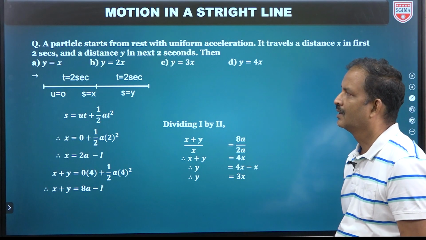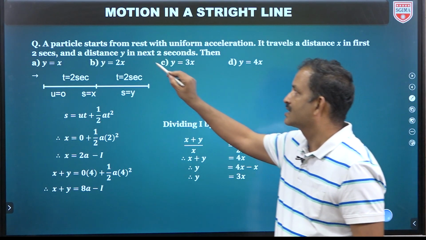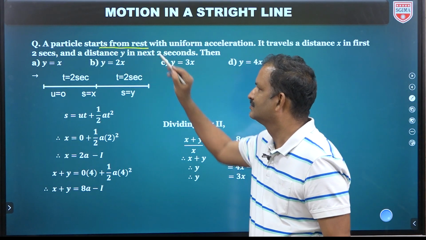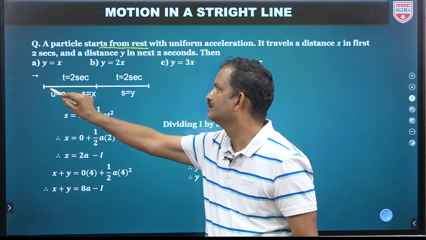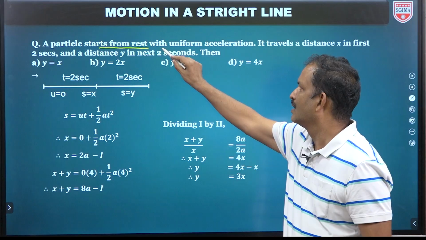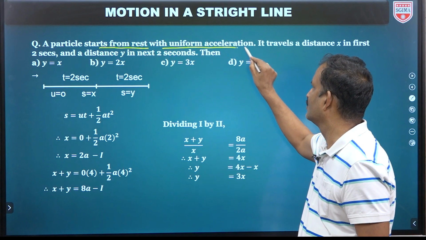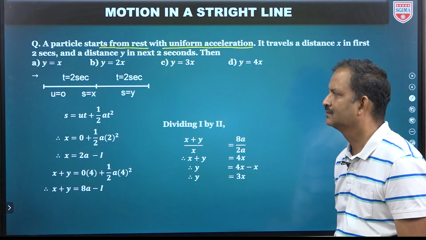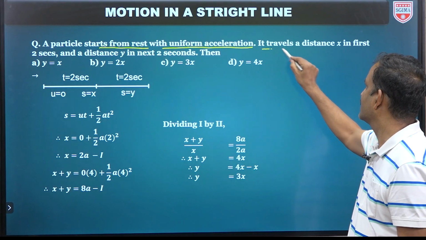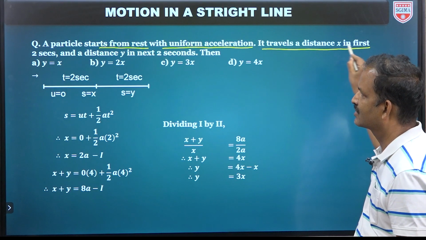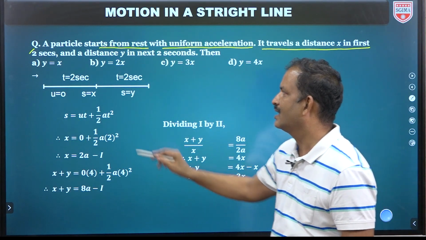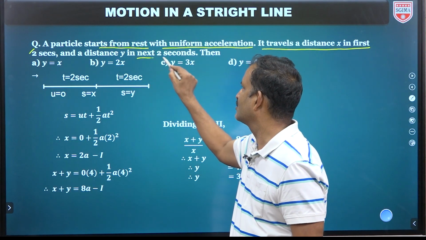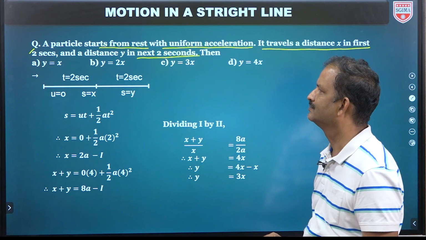Now, a particle starts from rest, so U is 0, moving with uniform acceleration. It travels a distance x in first 2 seconds and a distance y in the next 2 seconds in a straight line.